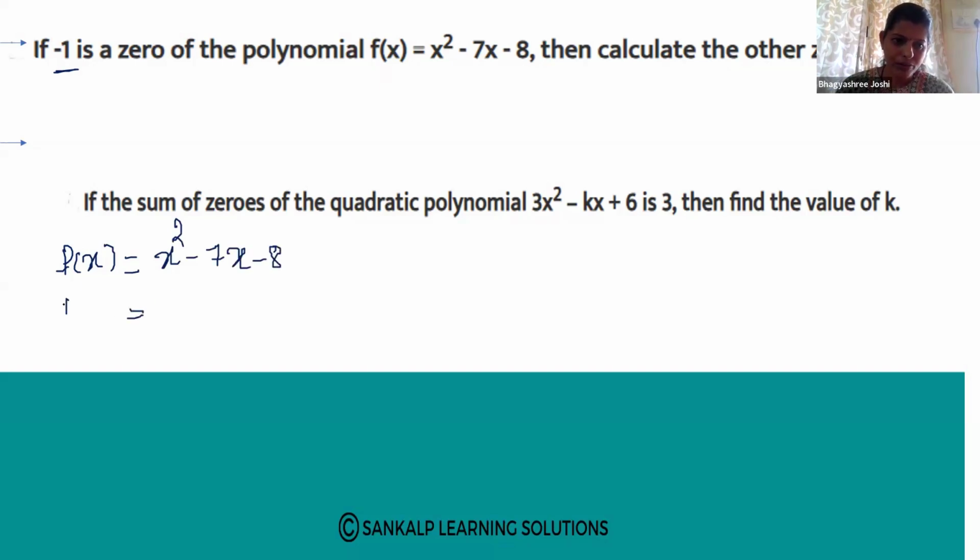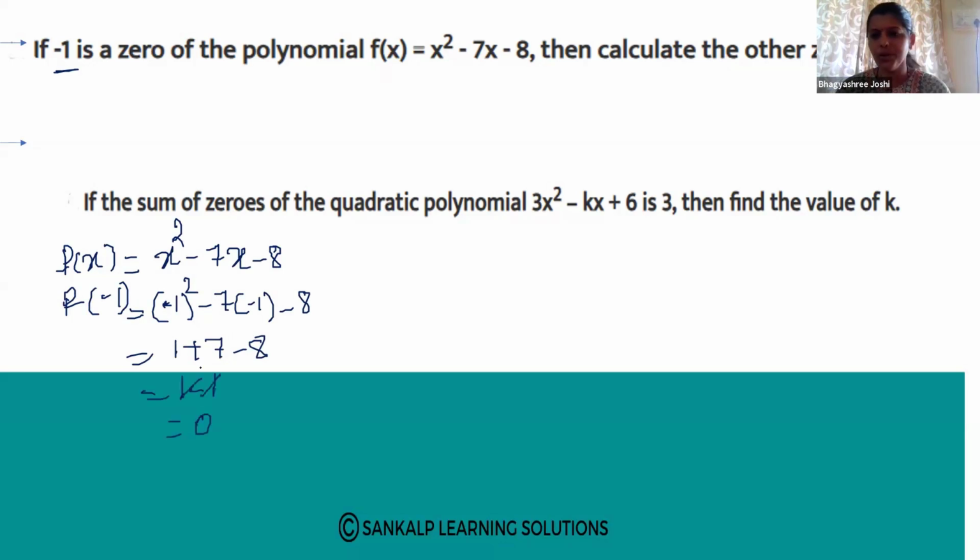If I substitute f of minus 1, what will you get? Minus 1 square minus 7 into minus 1 minus 8. Minus 1 square is 1, minus into minus is plus 7, minus 8. So 1 minus 8 plus 7, that means you will get 0. So this is another zero.